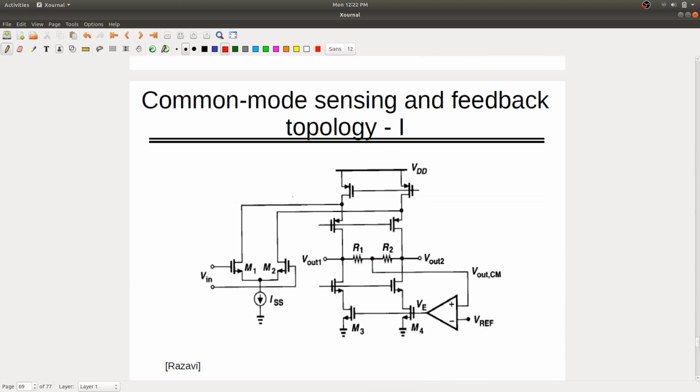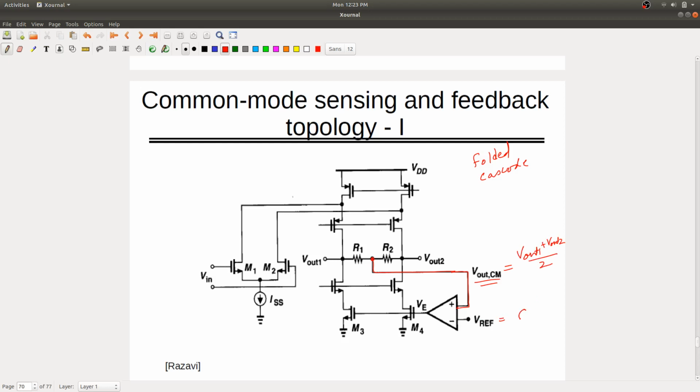As I told you, this is folded cascode. It has two stages. I am trying to tune the first stage, so I have picked up the Vout,CM, or it's Vout1 plus Vout2 divided by 2, and it will compare with the V reference.